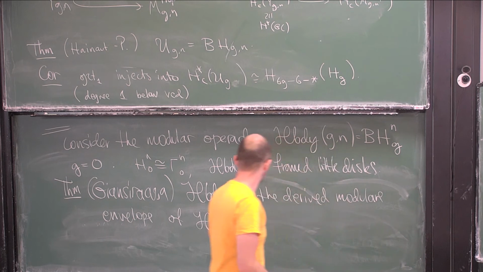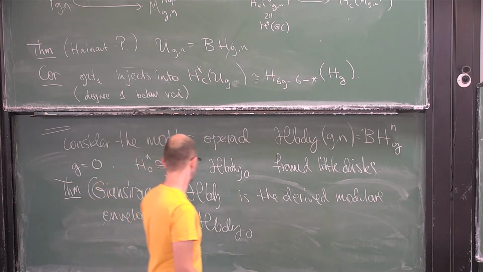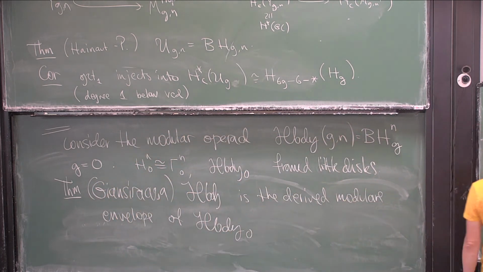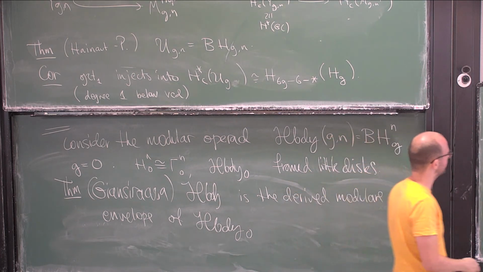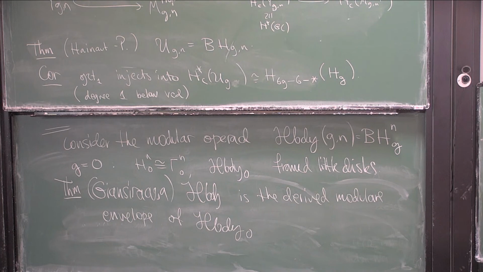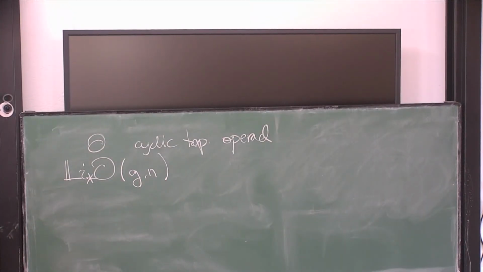But I have to say, what is the derived modular envelope of a cyclic operad? Let O be a cyclic operad. This derived modular envelope, what is it? In genus g and arity n, I'm going to do the following.